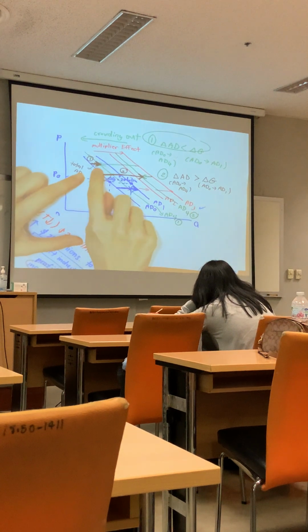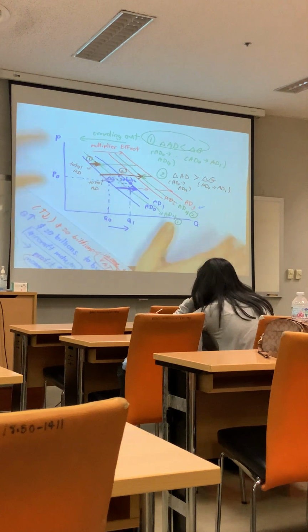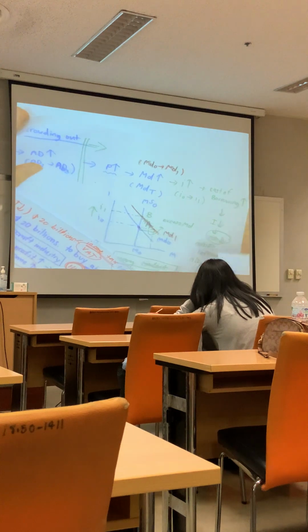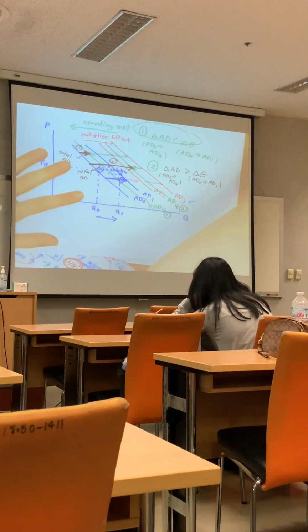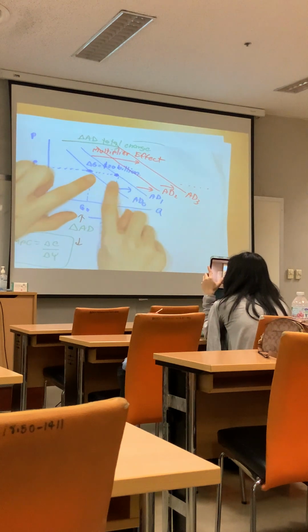And the reason AD increases by more than the change in G is the multiplier effect that you just learned with me last time. Okay, so you see why this one should be 3 billion, right?